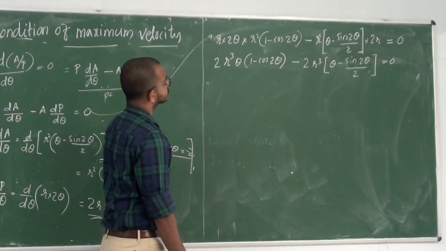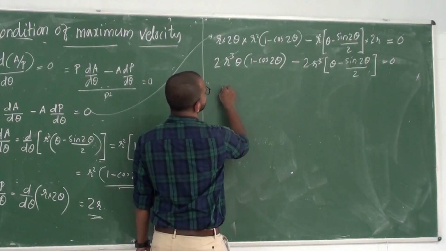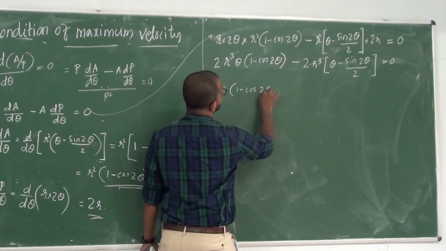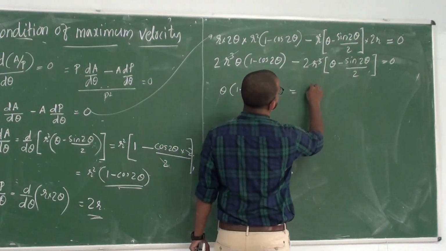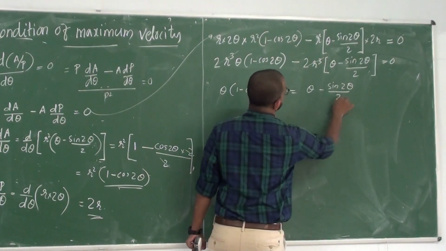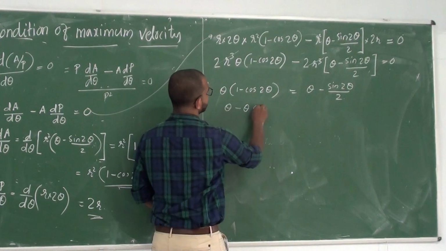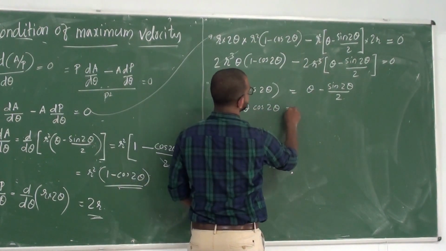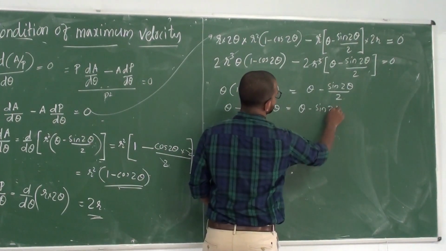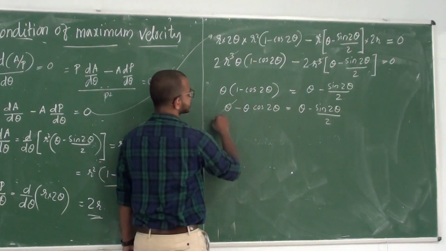We can cancel 2 r cube, which is a common term. So theta into 1 minus cos 2 theta equals theta minus sine 2 theta by 2, or theta minus theta cos 2 theta equals theta minus sine 2 theta by 2. We can cancel theta as well.